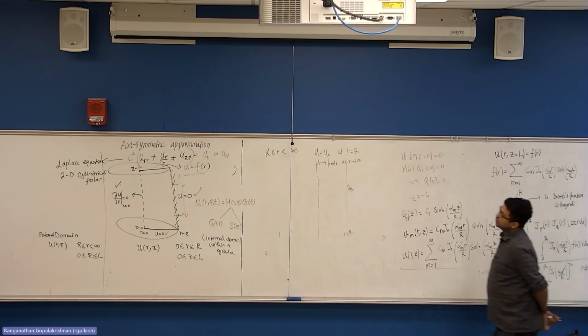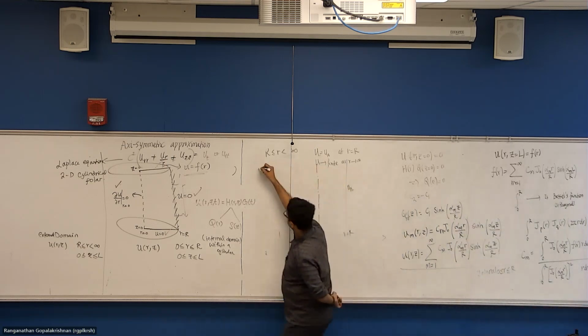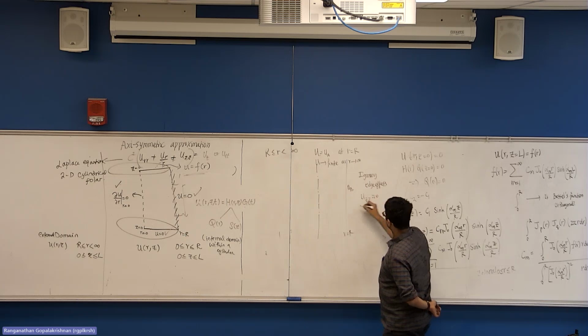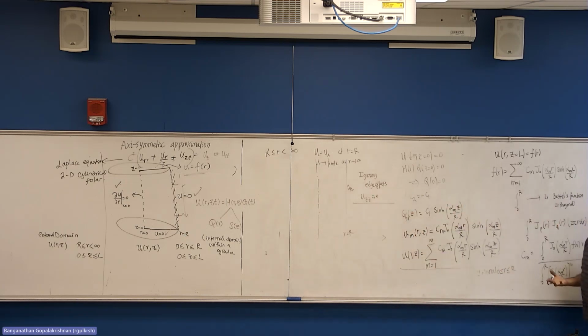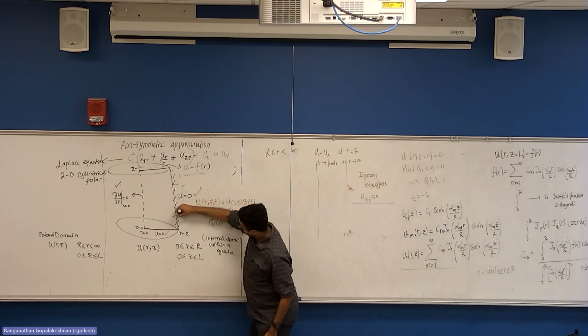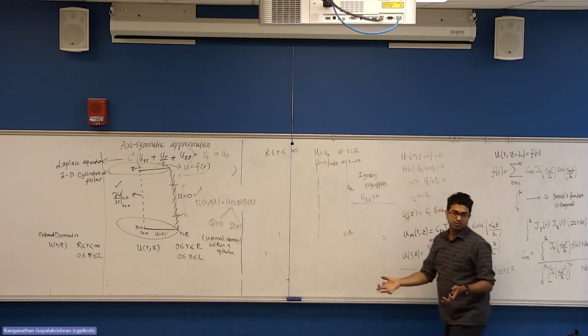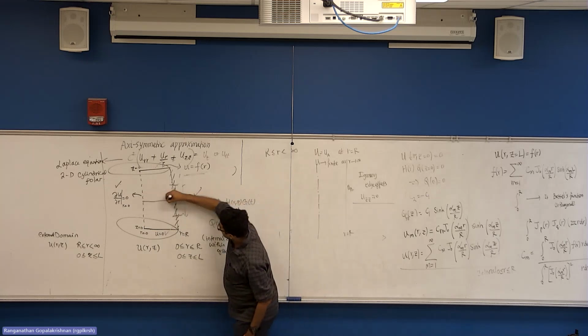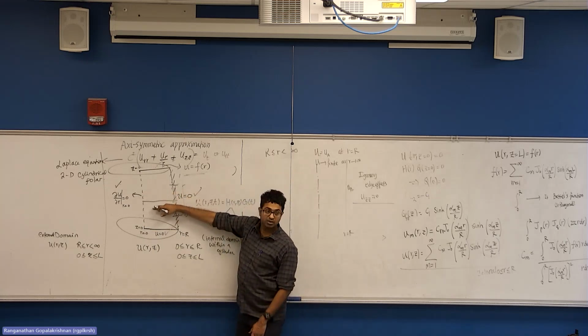So we are making another simplification, ignoring edge effects, to say UZZ is taken to be 0. That's one way to think about it, to say your gradients in the Z direction don't matter, or you can focus on a region that is reasonably far away from the edges and not worry about the entire domain. So whatever we are deriving is valid for a thin line or a plate that is far away from the edges.